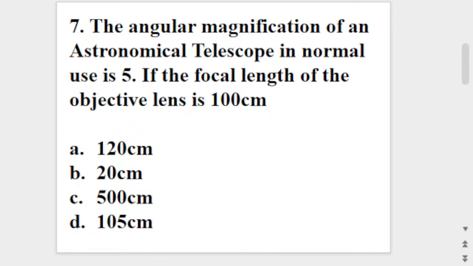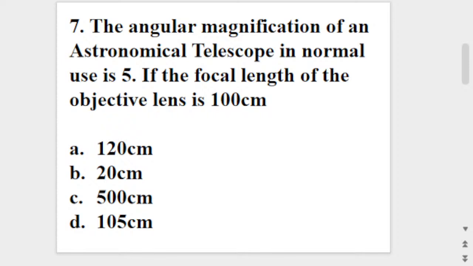And another thing, before we move on to the next question: another common and pertinent question about telescopes. If you look at the question, it says that the telescope is in normal use. Another name for normal use is normal adjustment. They can ask you that when a telescope is in normal adjustment, the final image will be dash, and then you get various options, virtual, and so on.